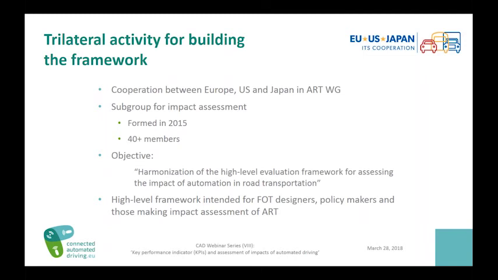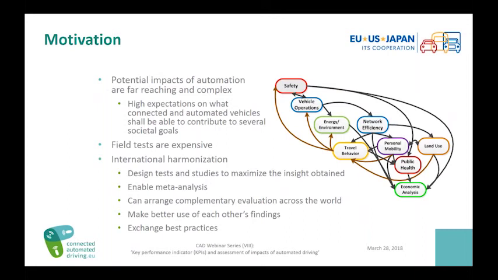And with this high-level framework, we were targeting both the designers of field operational tests and those who are making the impact assessment for automation, but also policymakers. And the motivation why they wanted us to do this is that the potential impacts of automation are very far-reaching and complex, and it's not so straightforward to assess them.